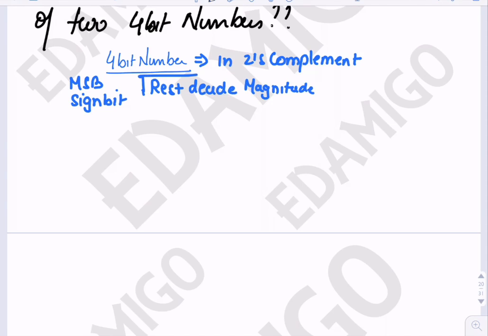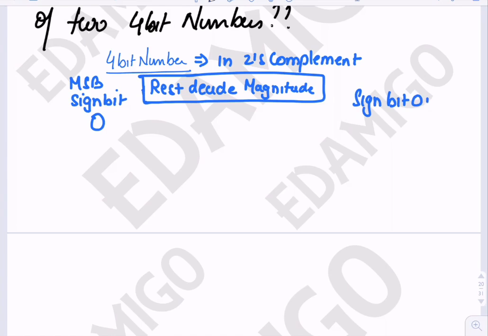Whenever the MSB, that is the sign bit, is 0, then the number is positive.